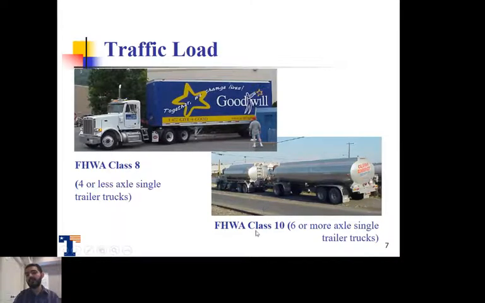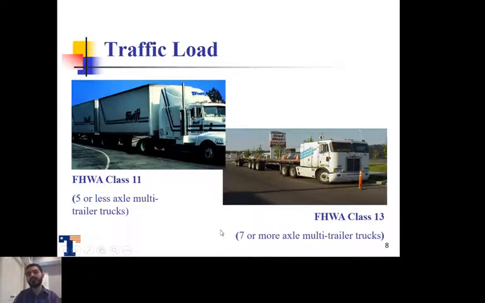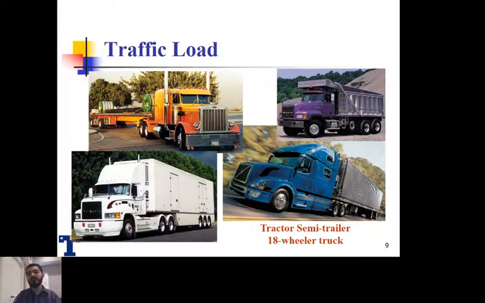We can have class 10, which is six or more axle single trailer trucks. Class 11 is five or less axle multi-trailer trucks, and all the way to class 13, which is one of the highest classes in FHWA, seven or more axle multi-trailer trucks. And the tractor semi-trailer 18-wheeler truck.